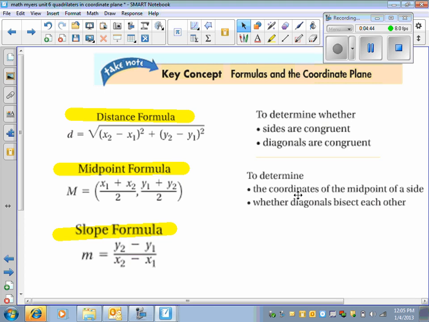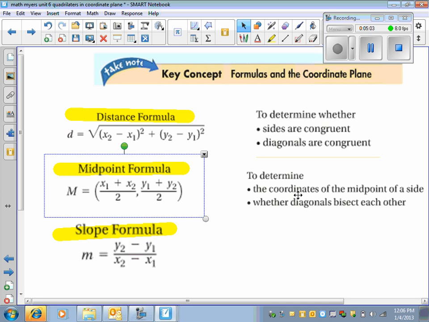All right, we'll use the midpoint formula to determine the midpoint of a side. That can be helpful because if we find the midpoint, we can see if the sections are congruent when we connect those. We could check to see whether the diagonals actually bisect each other.